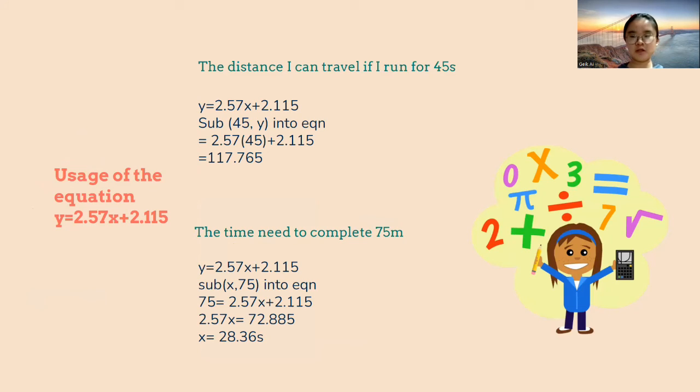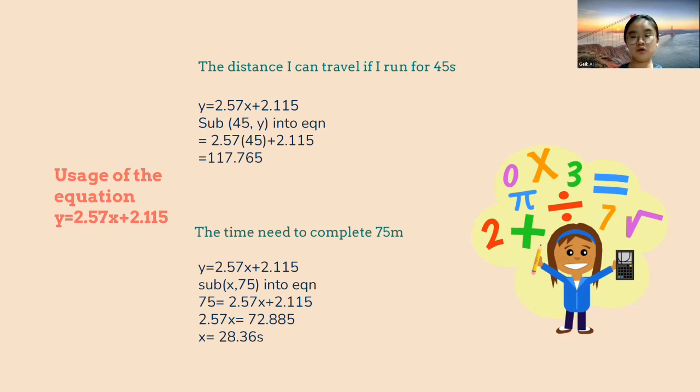So the application of this equation is by substituting one of x and y, I can find another value. So from the equation I have obtained from the activity, y equals to 2.57x plus 2.115, I can use this equation on some application. For example, I want to find the distance I can travel if I run for 45 seconds. As we know, 45 seconds is x value.